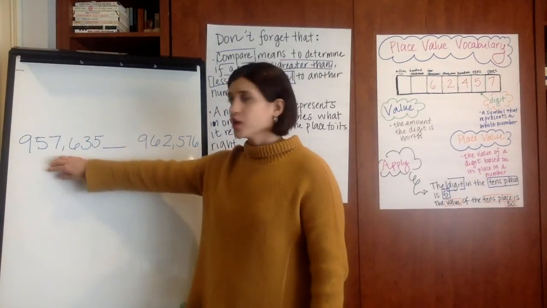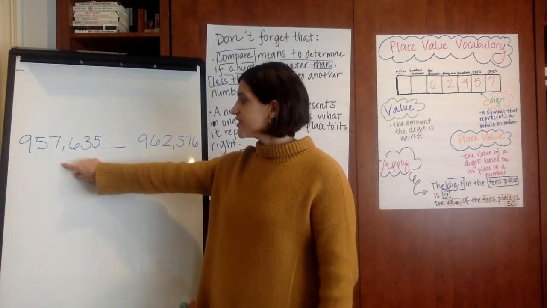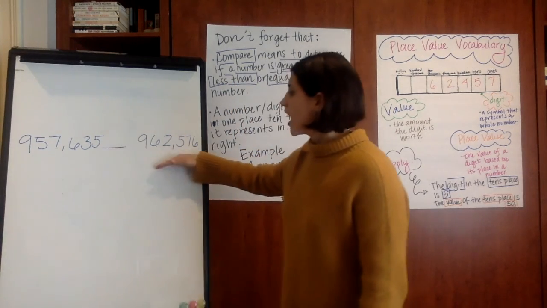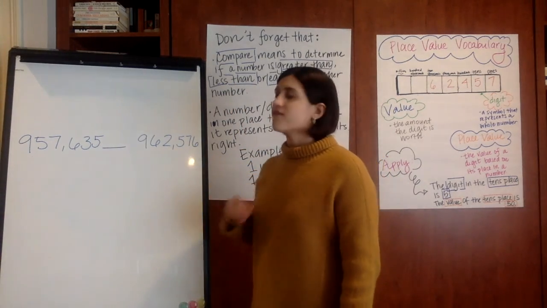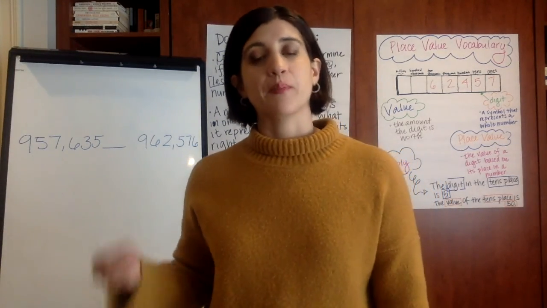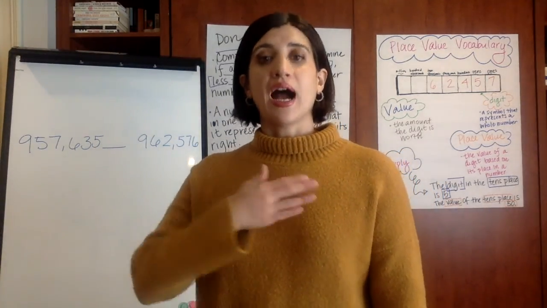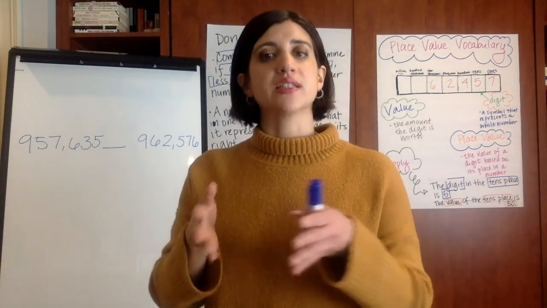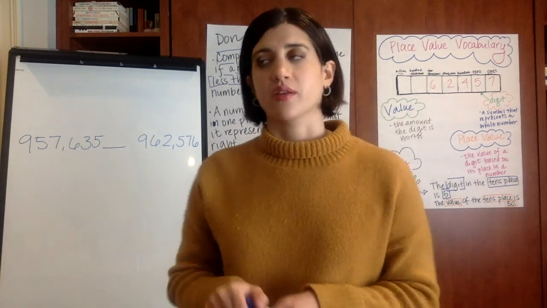So I have here 957,635, and I'm comparing it with 962,576. I notice that both numbers have 6 digits. I like to put them right one below the other so I can really see the digits and compare them.